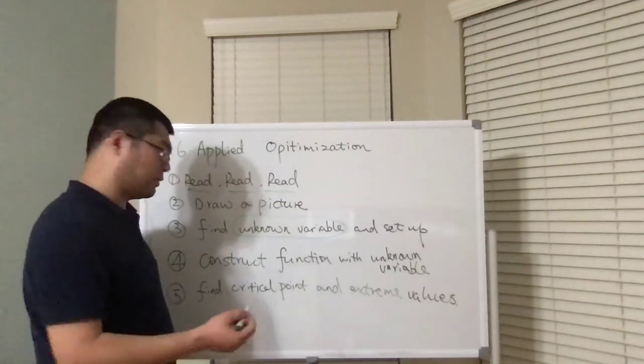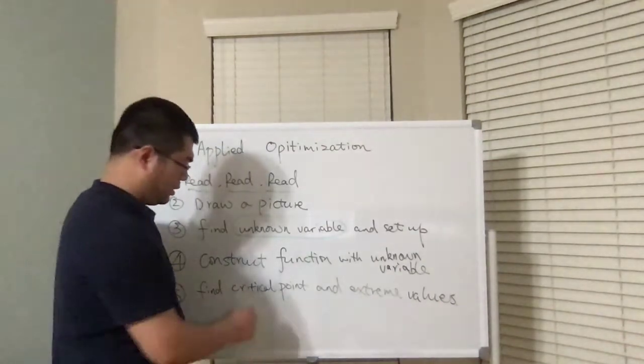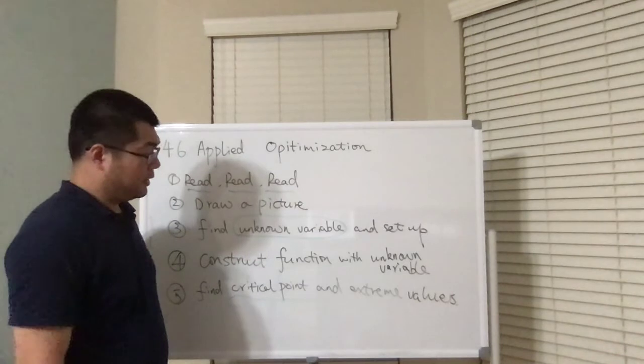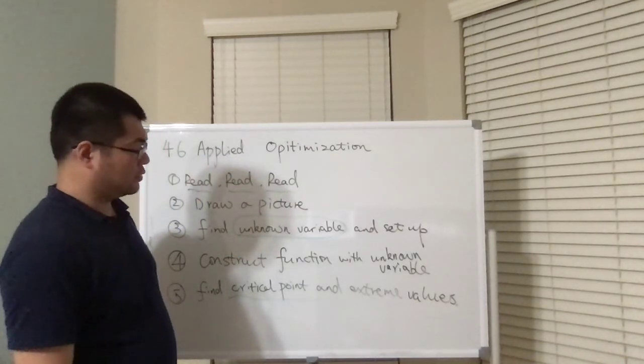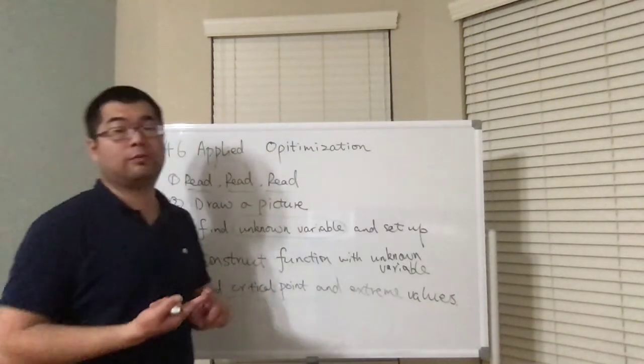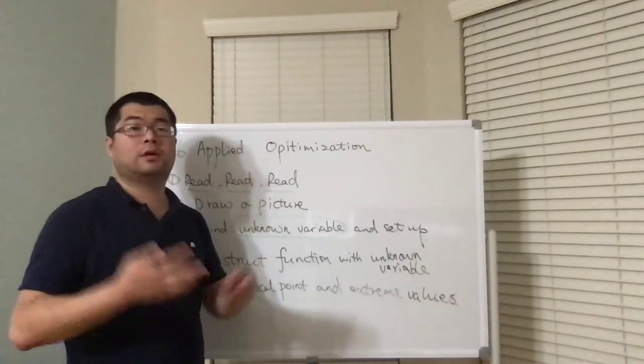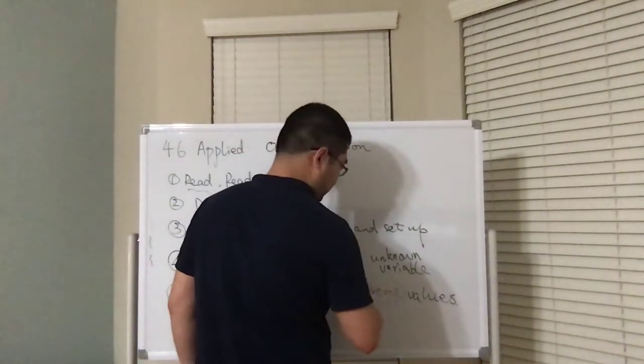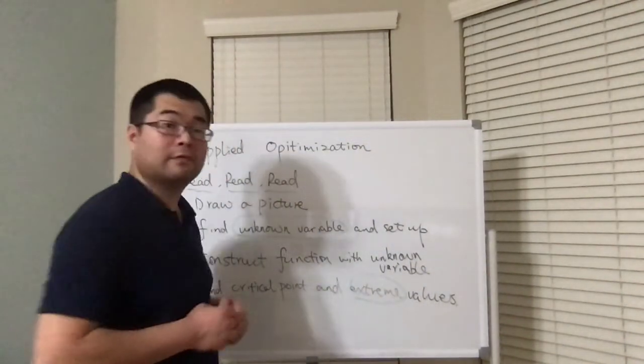We are actually looking for the absolute max. So find the critical point, and also evaluate it at the critical point and the endpoints to do a comparison, and then get a conclusion, which is the extreme value.